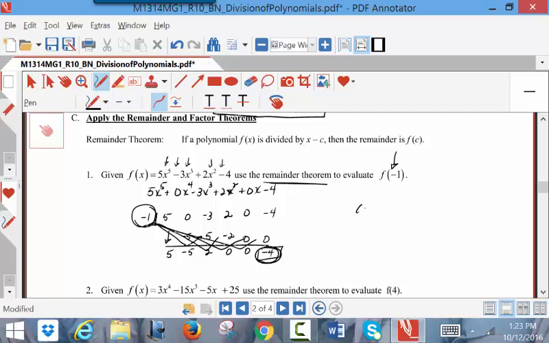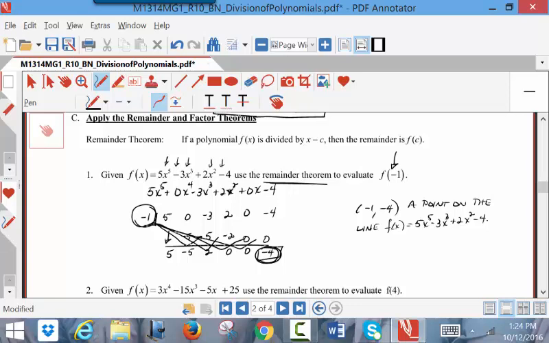They create the ordered pair negative 1, negative 4, which turns out to be a point on the line f of x equaling that 5x to the fifth minus 3x cubed plus 2x squared minus 4. So if I graphed that function, that point, negative 1, negative 4, would be on the line.